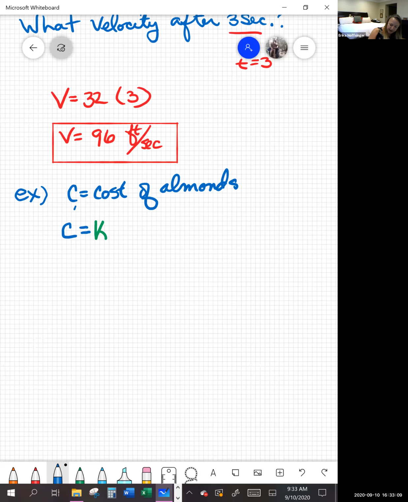So A is equal to the number of pounds of almonds. That makes sense, right? That's it. And then it starts telling us some information.